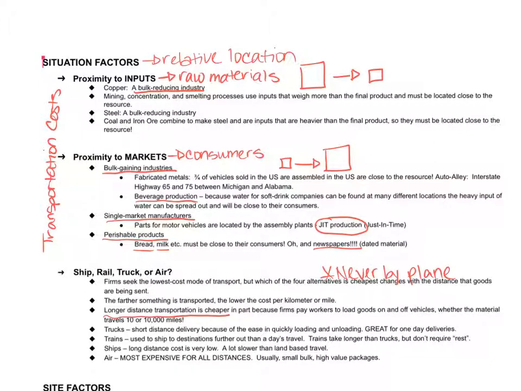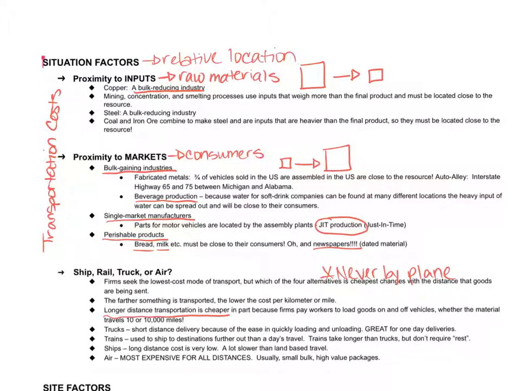It's never going to be by plane. It's too expensive. How many have ever had to overnight something? When you overnight something, what happens to the shipping costs? Way up. Sometimes it's more than whatever it is you're buying, right? That's because it might travel by plane. And think about it: if you travel by plane, can you just take as many suitcases as you want?